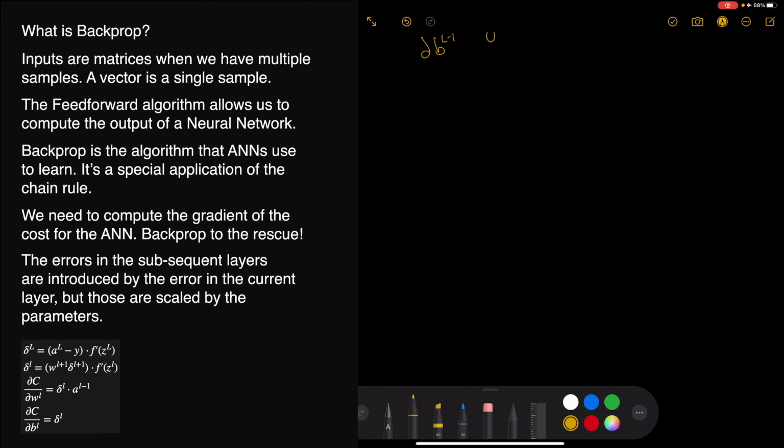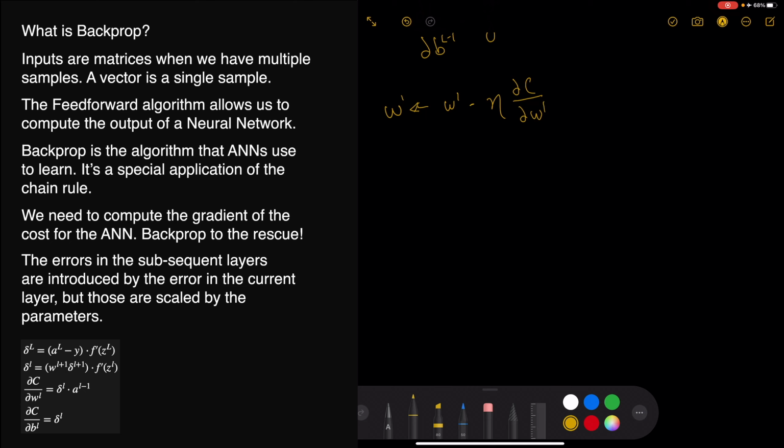But once we have that, we can say that the update equation for any weight should be updated by saying, all right, minus a small fraction, which we can call eta, of the derivative of the cost with respect to that weight.